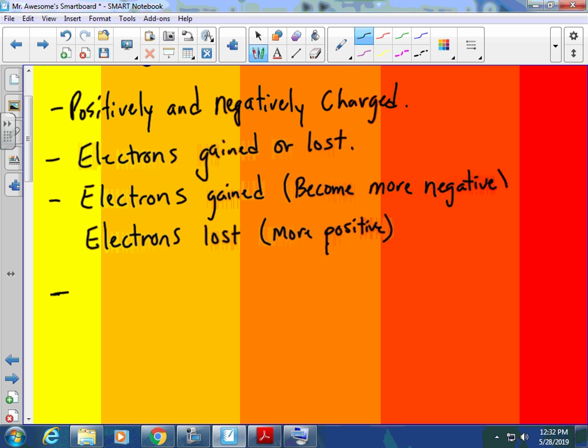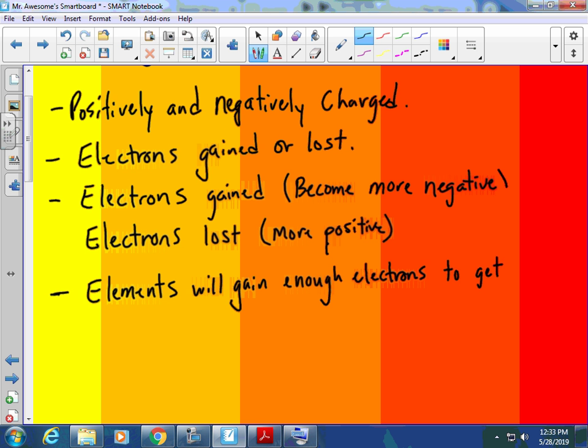An easier way to put that is elements will either gain enough electrons to get 8 valence electrons, which I'll just put as VE, or lose all valence electrons.